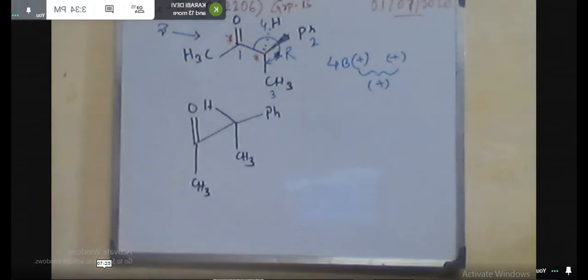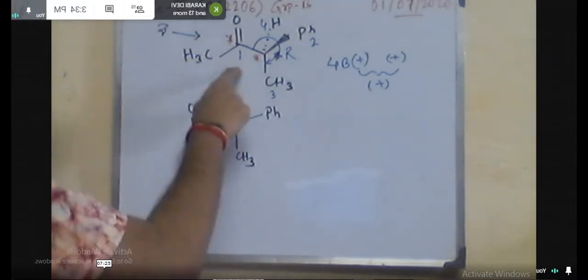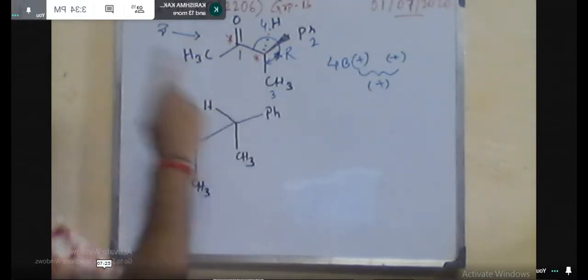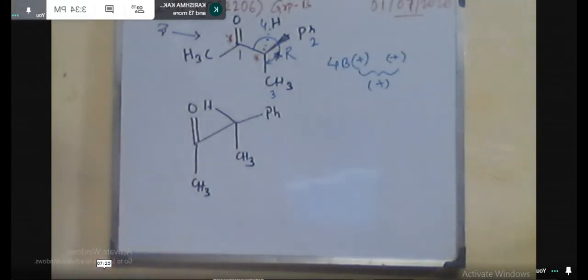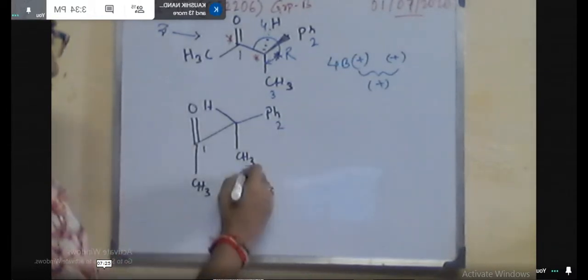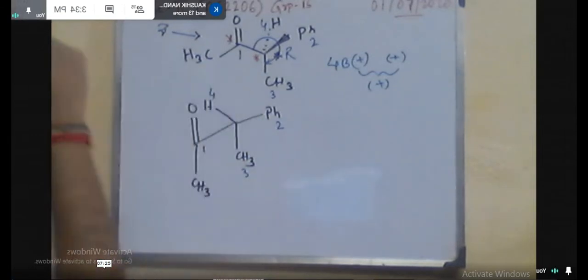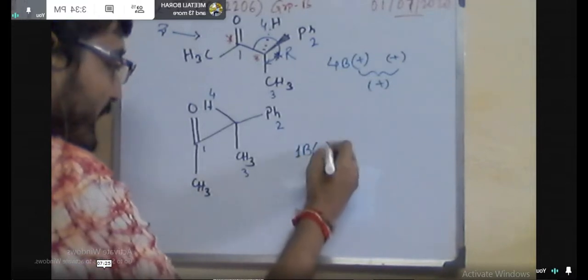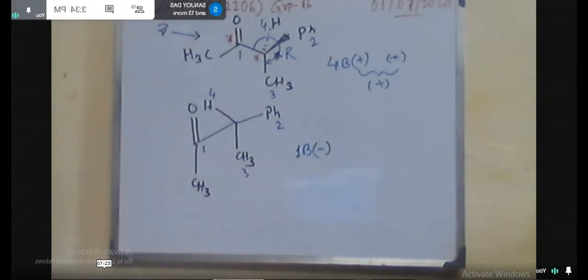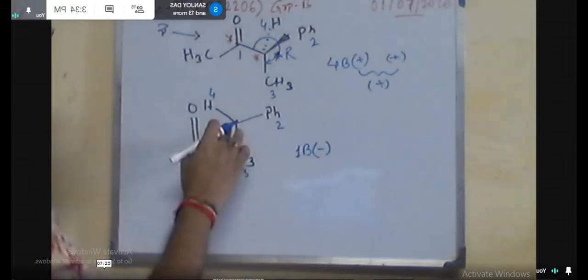So just check it. What is the configuration here? This is 1, this is 2, this is 3, and this is 4. Now we know the rule. That means if 1b, minus, this is the convention. Accordingly, this one group that is towards the viewer, that means towards the front side, we know 1f is plus.